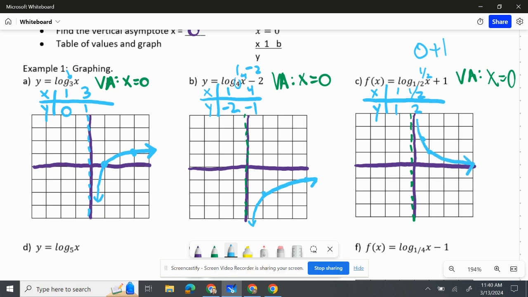And this would be similar to a decay function in the exponential. What makes it a decay is that our b value is less than 1, just like a decay for exponentials is always in between 0 and 1. Logs is the same.